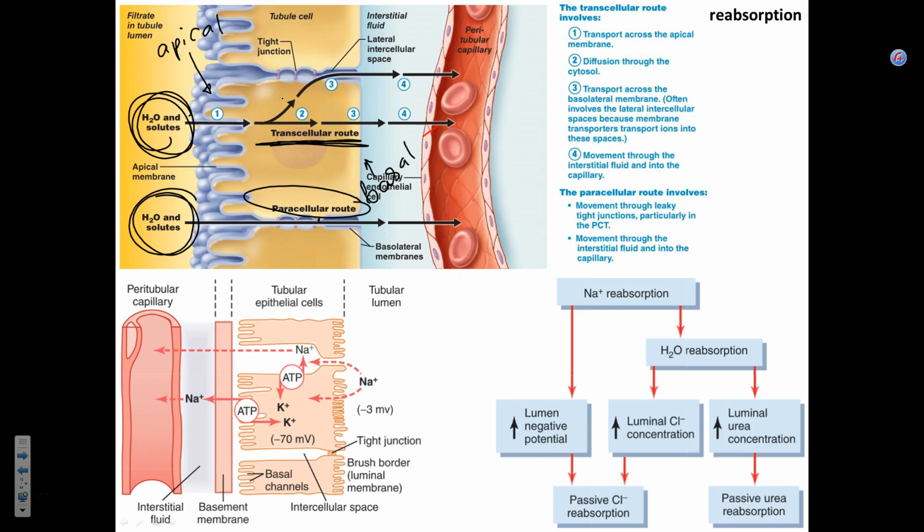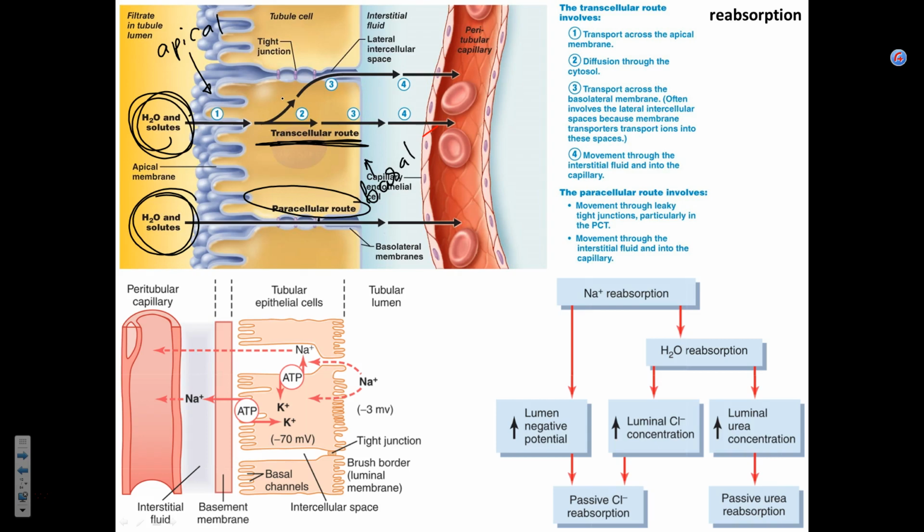Does that make sense? So since they don't cross the membranes, do they have any pumps or channels on their way? So what kind of transport can these molecules of water or solutes use if they take the paracellular route? It's only one. It's a D word.